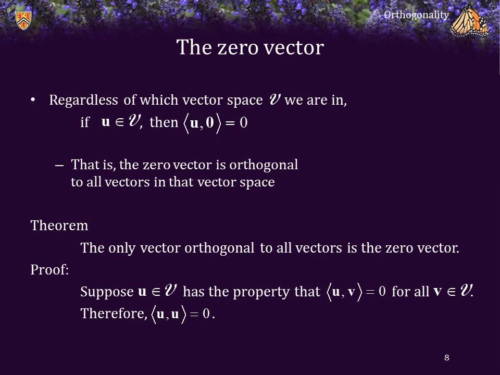But wait a second. The inner product is positive definite. The inner product of a vector and itself is greater than or equal to 0, and it is equal to 0 if and only if that vector is the zero vector. And therefore, if u is orthogonal to all vectors, u must be the zero vector.